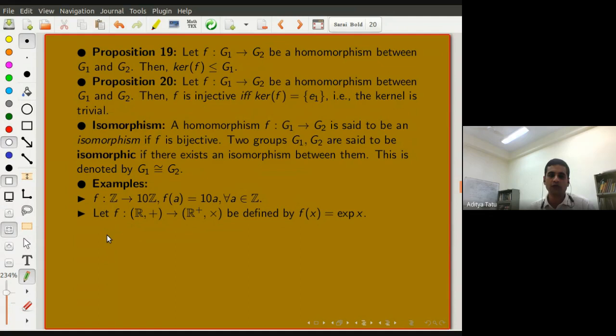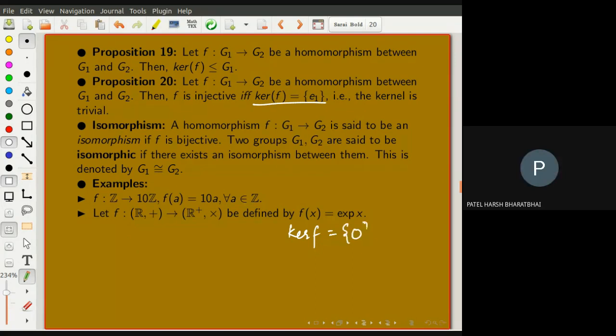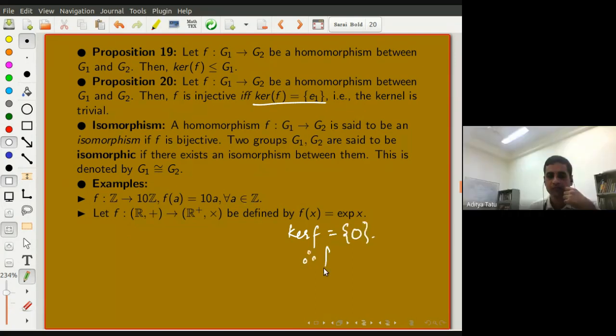In order to show one to one, you can use proposition 20. All you need to see is what is the kernel of f. If the kernel of f contains only the identity of group 1, then by proposition 20, it is one to one. I think we wrote the kernel of f in the previous slide. What is the kernel of this f? 0. So therefore, f is one to one.